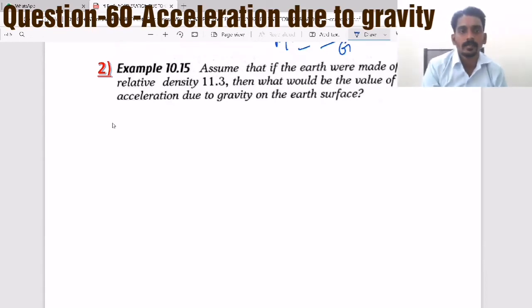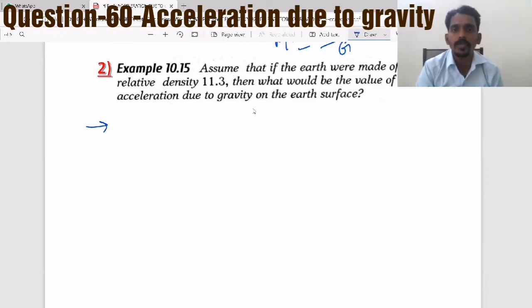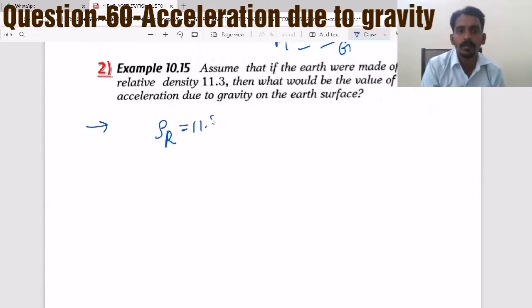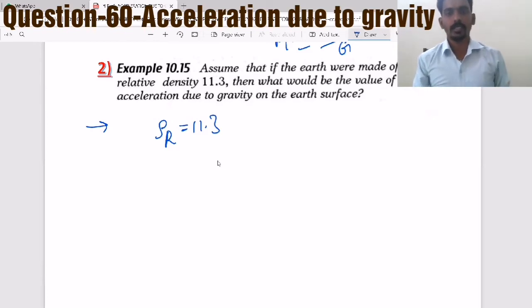Now, as I said, a comparison based question. Assume that if the earth were made of lead of relative density 11.3, then what would be the value of acceleration due to gravity on the earth's surface? Now they have given the relative density as 11.3. So here what you have to do is take the formula in terms of density.